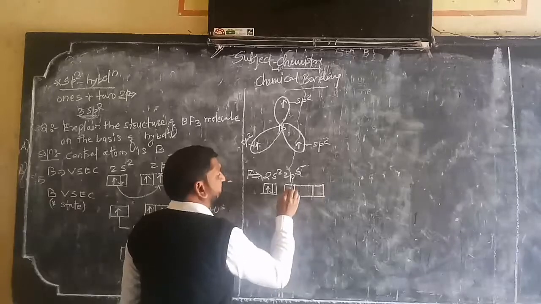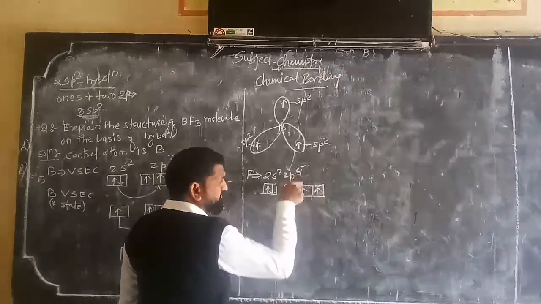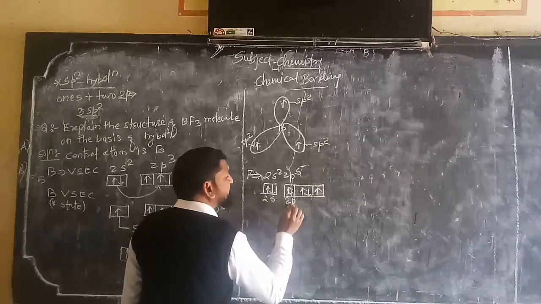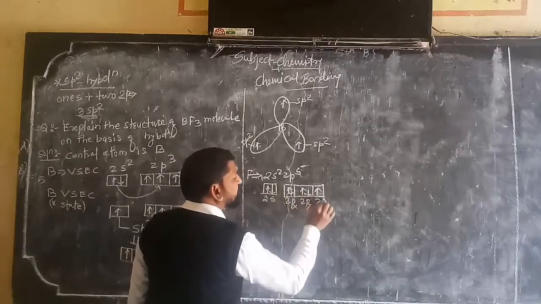If we write it like this, 1, 2, 3, 4 and 5, so here let us write 2s, 2px, 2py and 2pz.